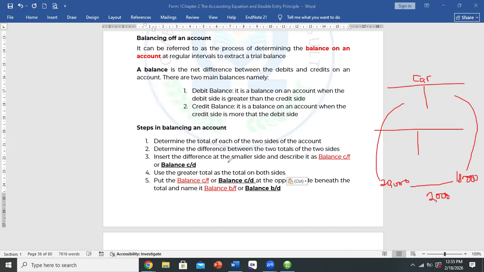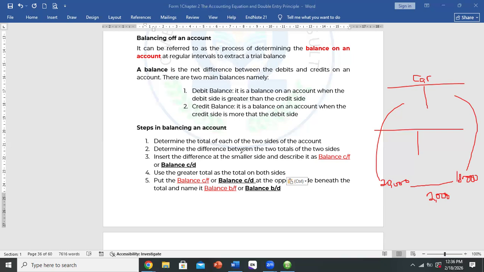You put it there and call it balance carried down using the closing date. And the closing dates, as we know, are most times the 31st, the 30th, the 28th, or 29th. Those are the dates you use to label this balance.